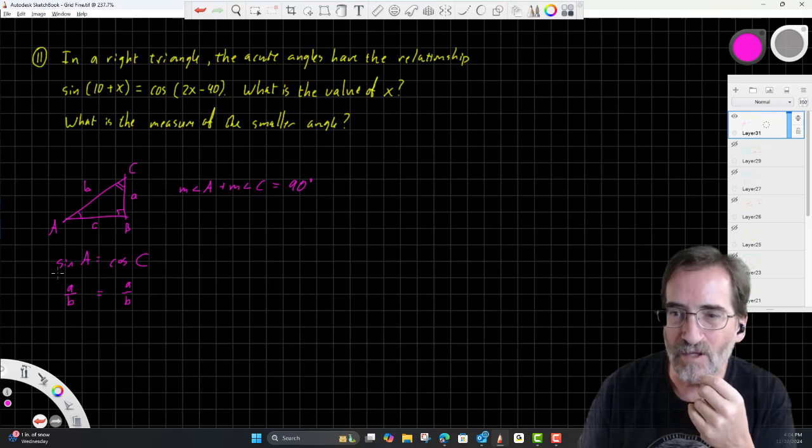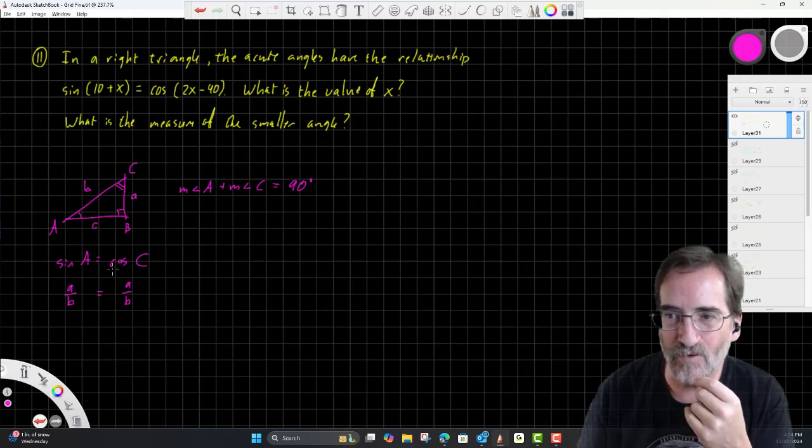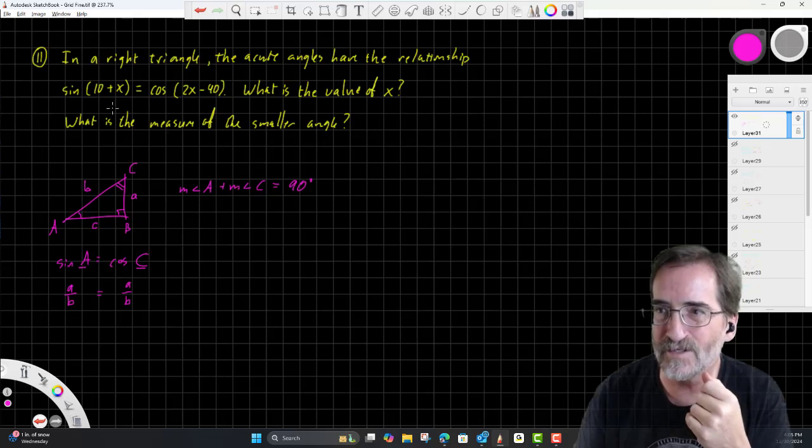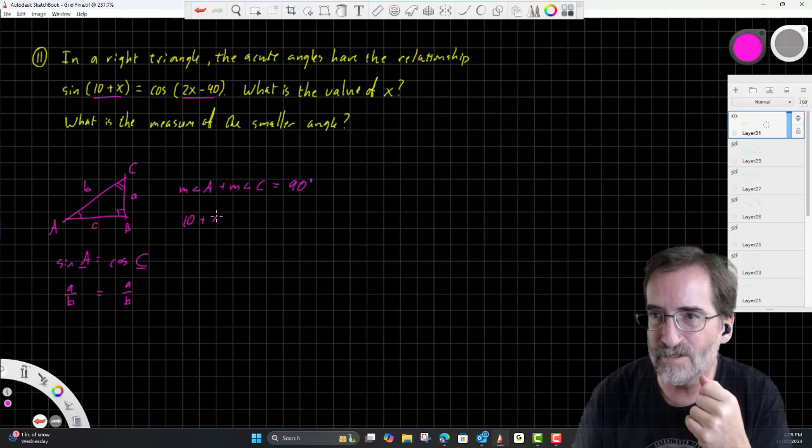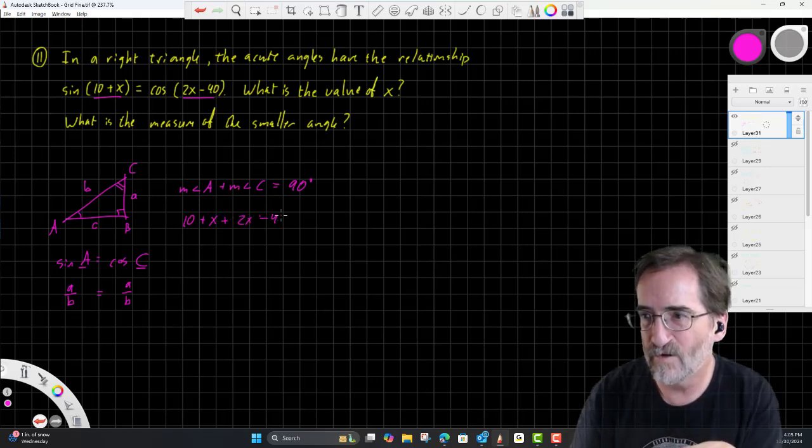So if the sine and the cosine equal each other, then their arguments must, by this logic here, add to 90 degrees. That is to say, 10 plus x and 2x minus 40 must add to 90 degrees. 10 plus x plus 2x minus 40 equals 90.